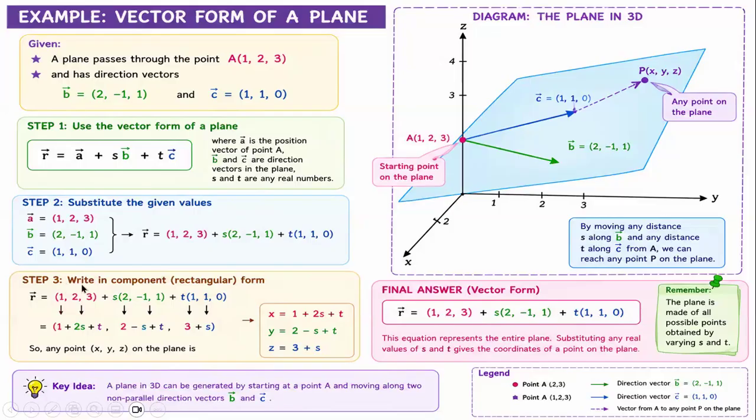So the next step, we write it in component or rectangular form. To make it easier, we just write it in this form and then we bring it down here.